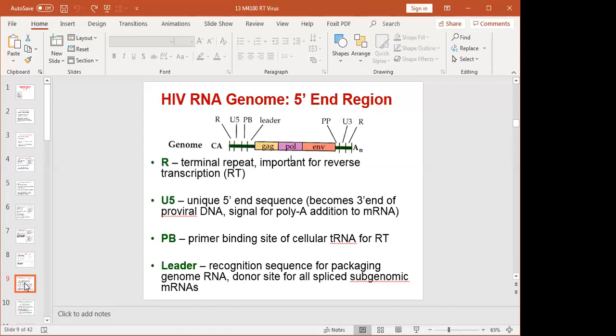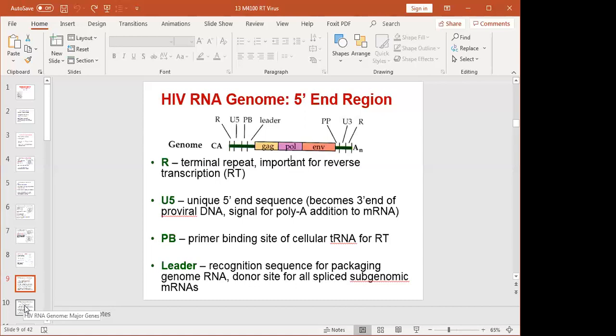This is a site at the 5' end of the HIV genome where host cell transfer RNA will act as primer and bind to this region. And then we have the leader sequence, which is a recognition sequence for packaging of genome RNA, and it's also the donor site for all spliced subgenomic messenger RNAs.